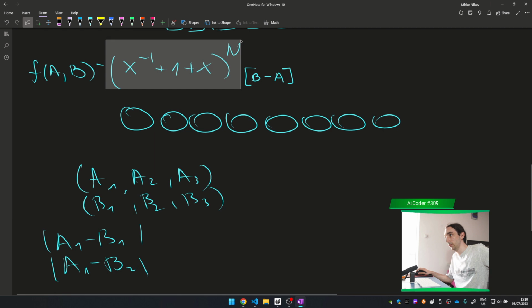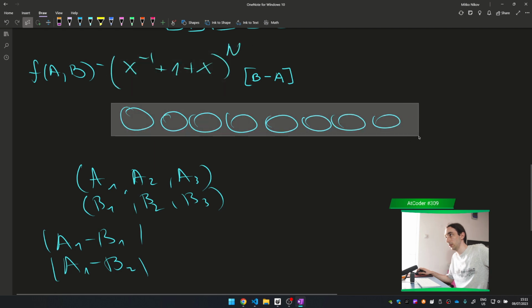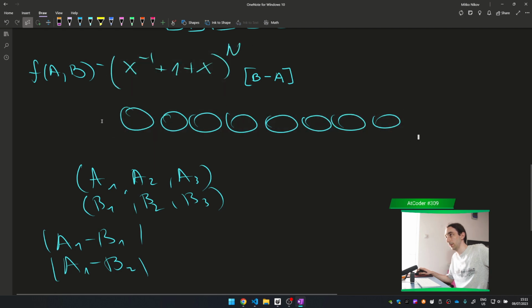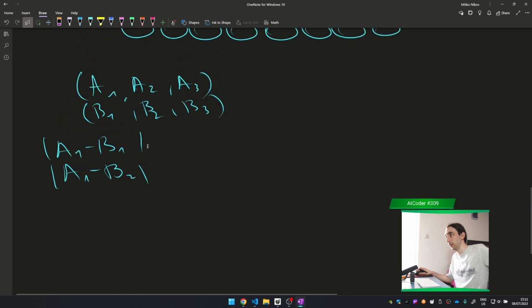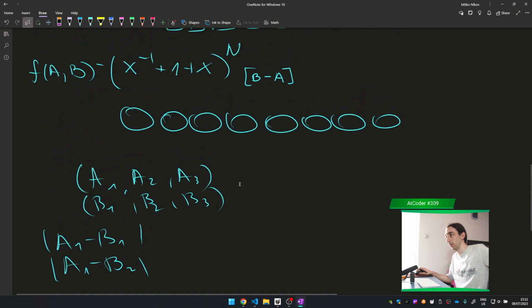So you have this polynomial which you could compute, and now for all of these pairs, what about if I put all of these pairs in a frequency array? So in some other polynomial, and I say, okay, instead of this minus, I will make all of these minuses here.